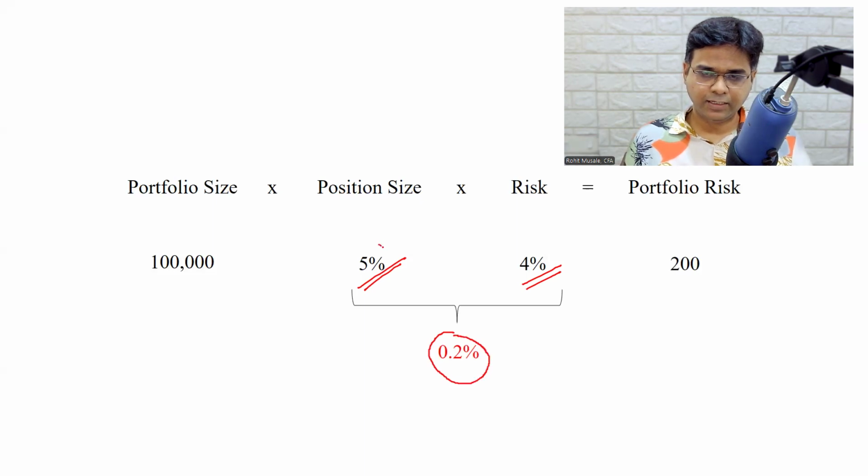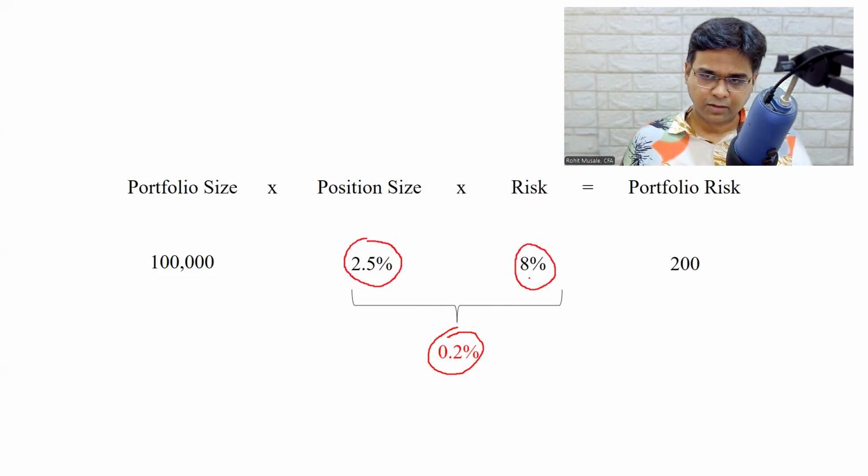Now, if I decrease this and increase this, this would remain the same, correct? Look at this. I have decreased it from 5% to 2.5%, and I have increased the risk by 100%. So 4% has become 8%, and 5% has become 2.5%.